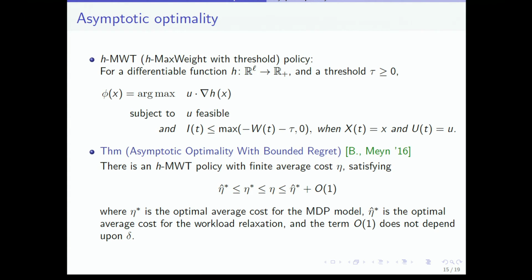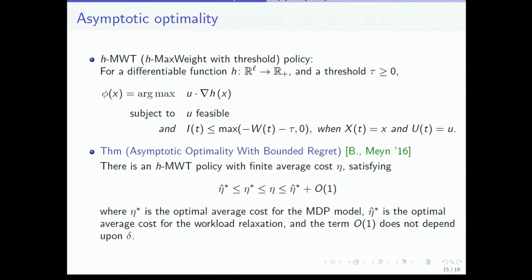Well, it is max weight with a given well-chosen function H, and then on top of that we have this threshold behavior that comes from links with inventory systems.